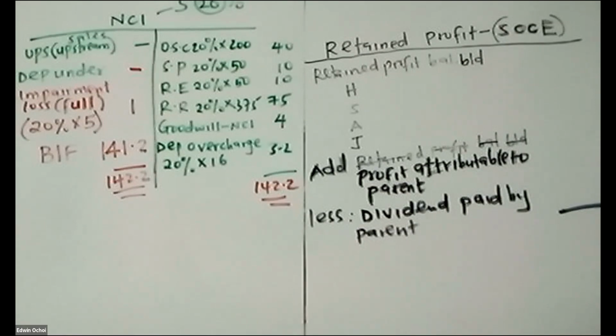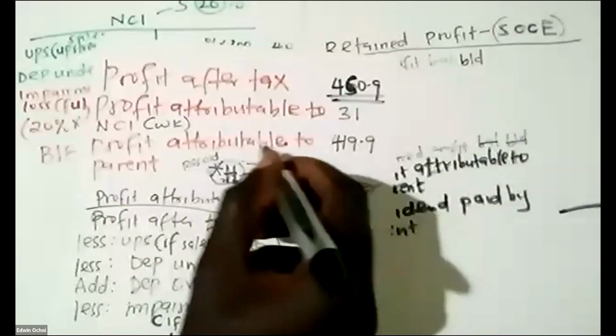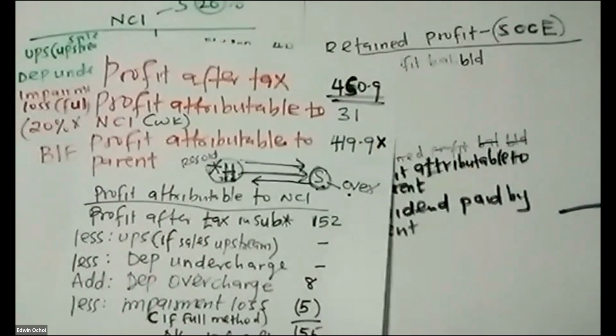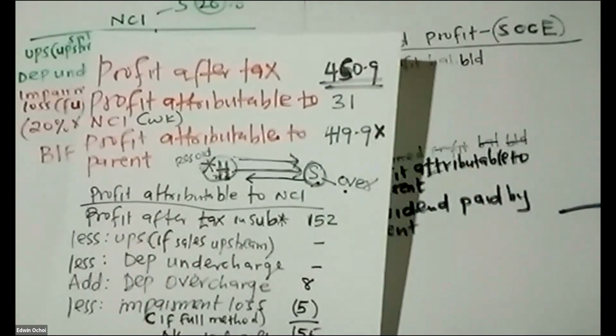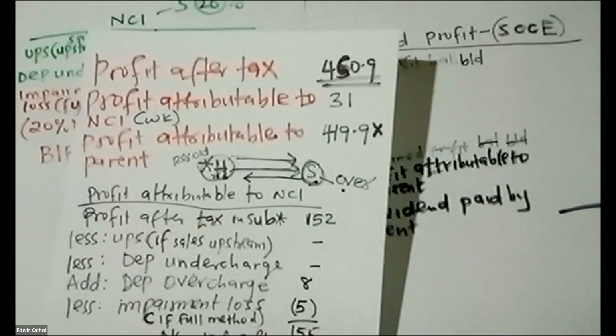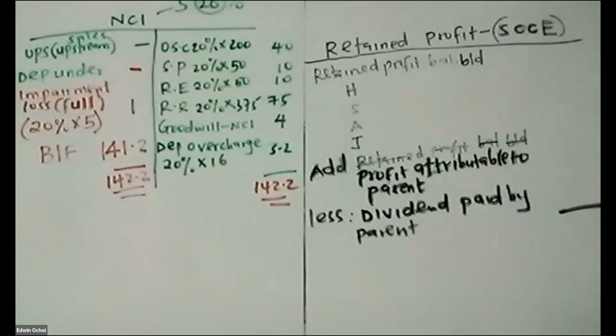There's that income statement we did. There's that profit we got, which was attributable to parent. Profit after tax of 450.9. Profit attributable to NCI we computed, we got at 1. The balance was going to the parent, 419.9.